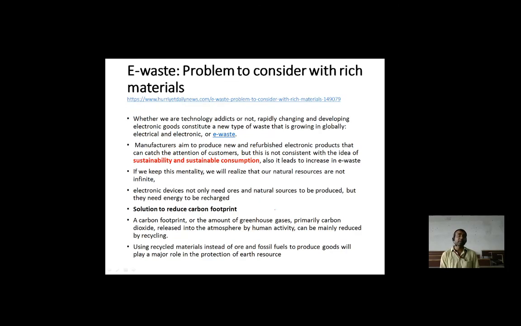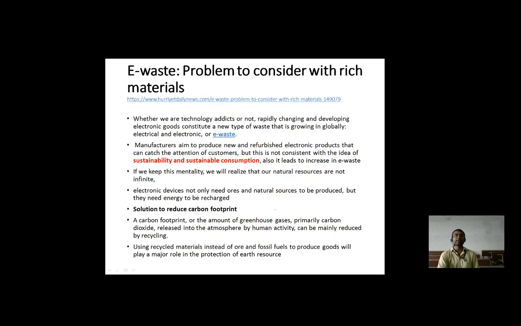So we need to keep in our mind, before starting this subject of materials engineering, where we need to focus. We need to focus on creating and improving materials which can be recycled and reused, to maintain the earth's resources.